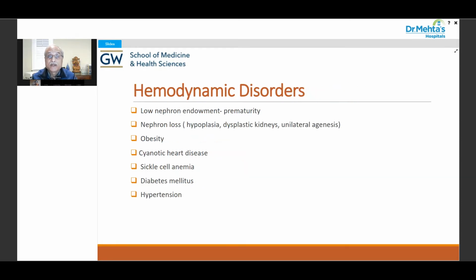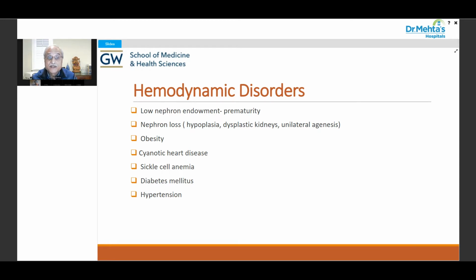Then hemodynamic disorders. As we know, glomerular hypertrophy is very common in someone who has low endowment of nephrons, such as in prematurity, renal hypoplasia, dysplasia, unilateral agenesis. All of those patients will have hypertrophy and hyperplasia of the glomeruli, larger glomeruli. Obesity is a growing problem in this country.